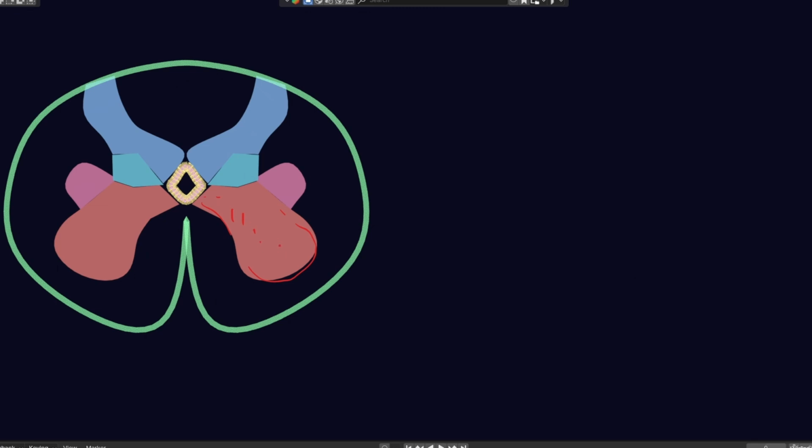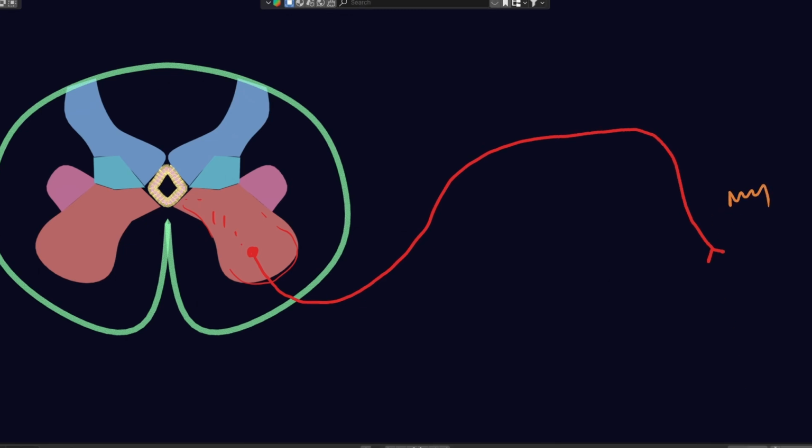So in the ventral gray column or ventral gray horn of spinal cord, we have the neuronal cell bodies, and all of their axons come out and are going to supply, let's suppose, a skeletal muscle which is derived from the somites.